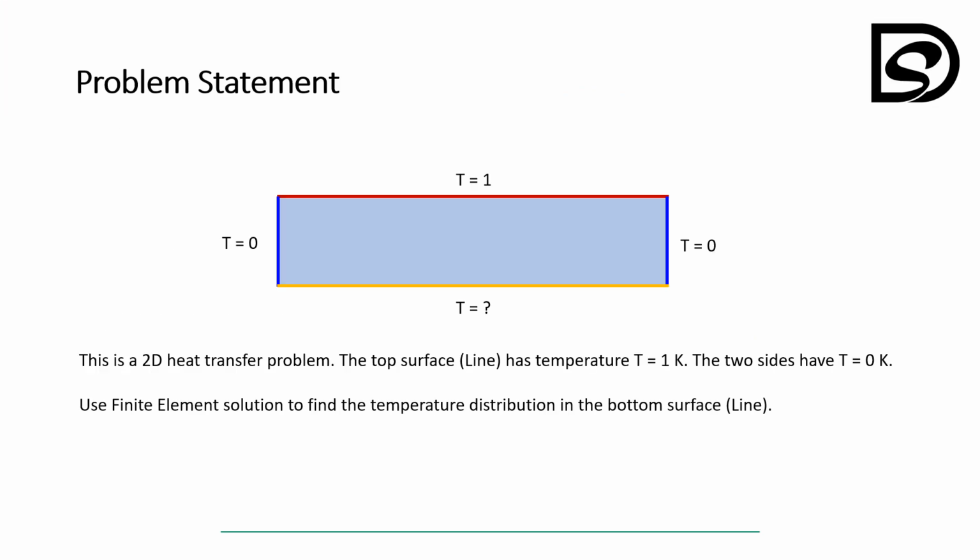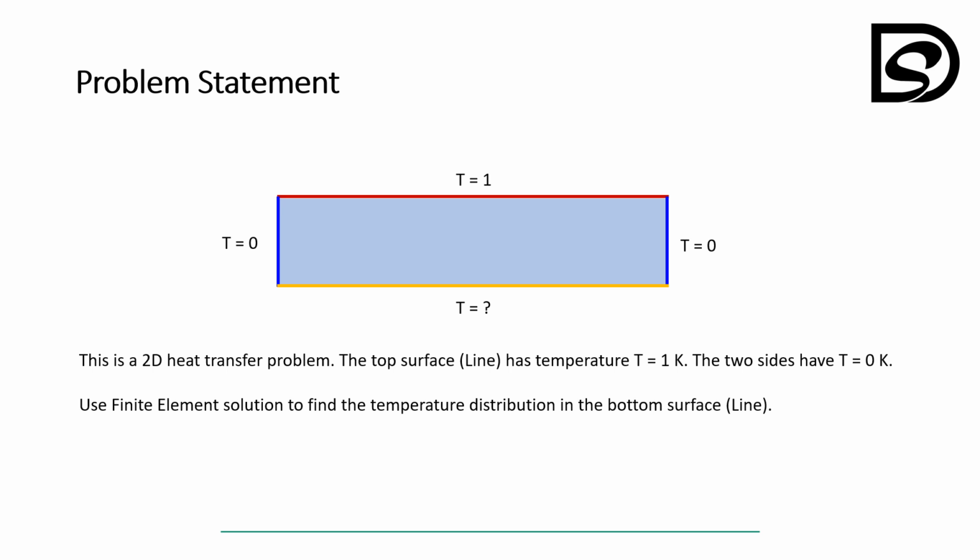So initially here is our problem statement. We are just simulating it as a 2D heat transfer problem, and we have this rectangular surface, and on top of the surface we are applying a temperature. This surface is constituted by 4 lines, and we just apply a temperature of 1 Kelvin on the top line, and we are keeping the side lines at 0 Kelvin.